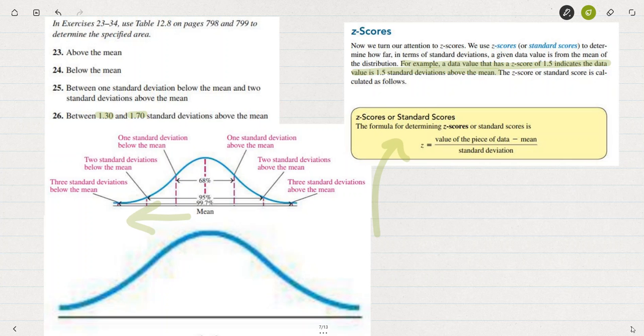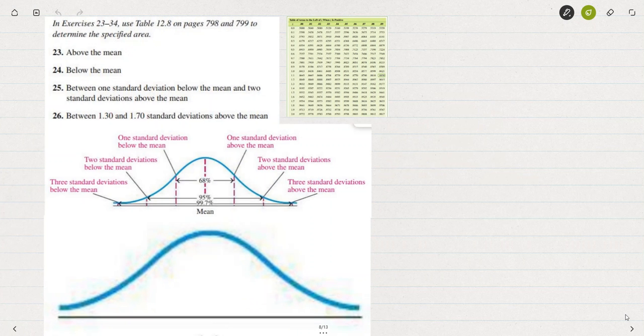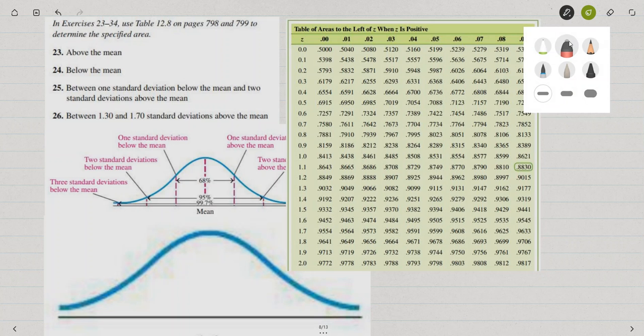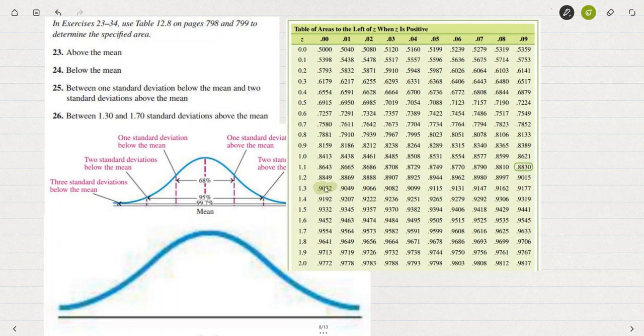If you wanted to calculate the answer for number 26, we could use the chart and find the 1.30 value and the 1.7 value, and subtract those. 95.54%, or 0.9554, is the area that's to the left of 1.7. Let me draw these in here.